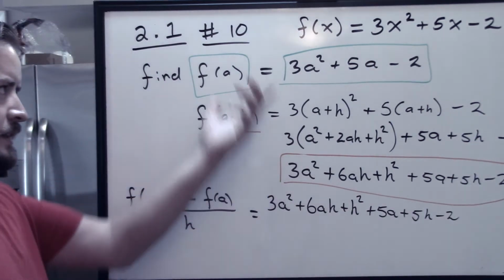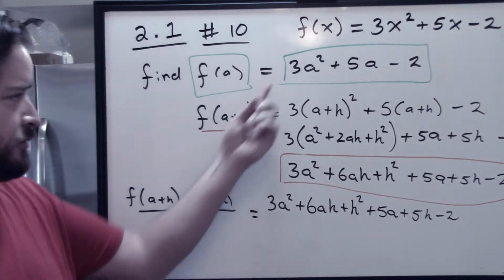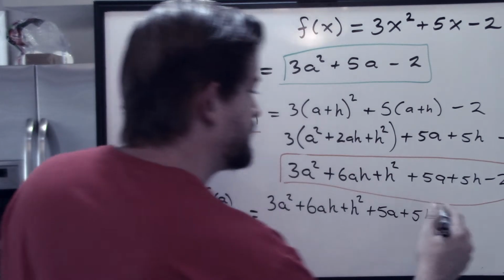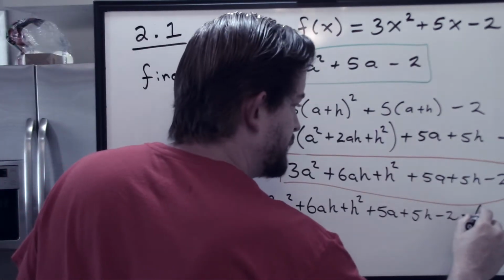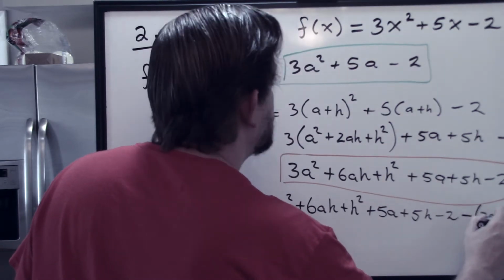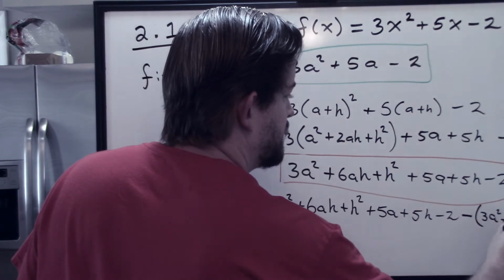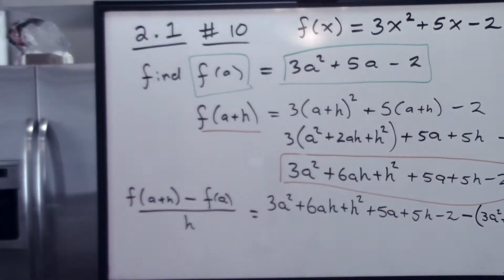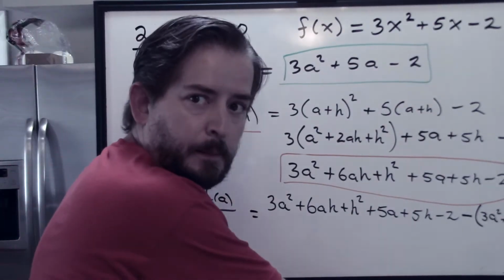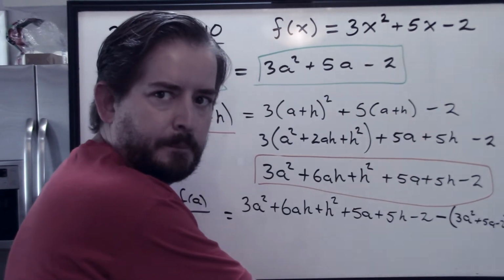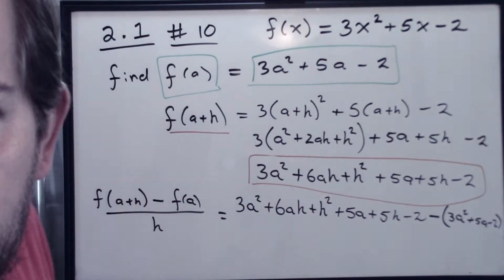If not, I'm going to rewrite this up at the top in a minute, but it's f of a plus h minus f of a. So minus, and then putting into parentheses the whole expression f of a, which was 3a squared plus 5a minus 2, right? There we go. That's better, it looks like.